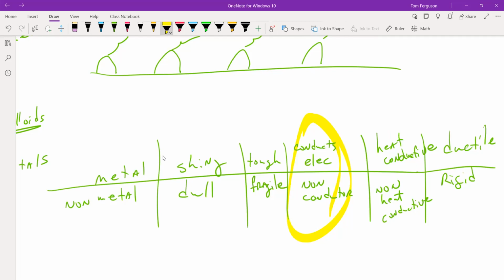So a metalloid is in between a metal and a non-metal. So that means the metalloid's characteristics are in between these. And this is the one, transistor.